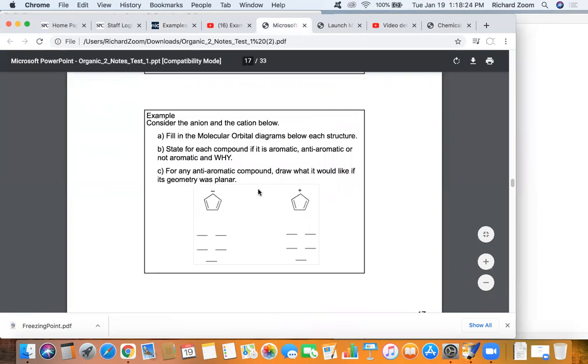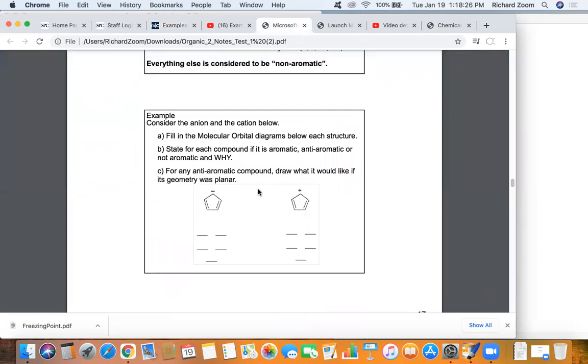Okay. So here's the question. It's similar to what you'll be asked on the test, except the one you'll be asked will actually have a 7-membered ring, and this one has a 5-membered ring. But you'll see it's a very similar kind of situation. Okay.